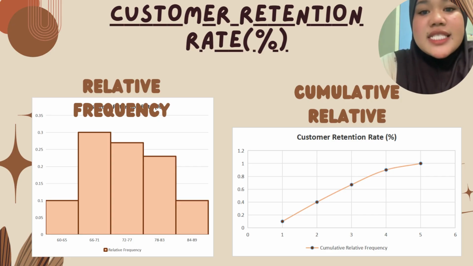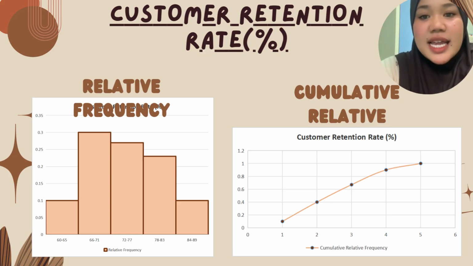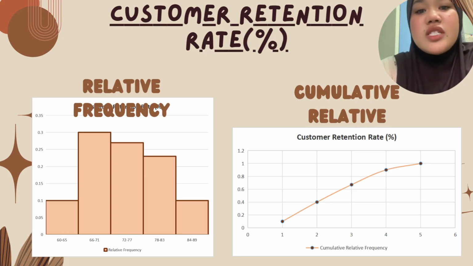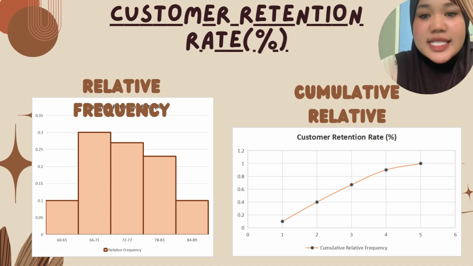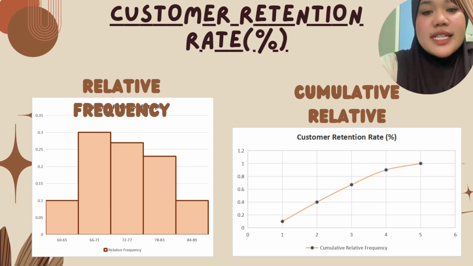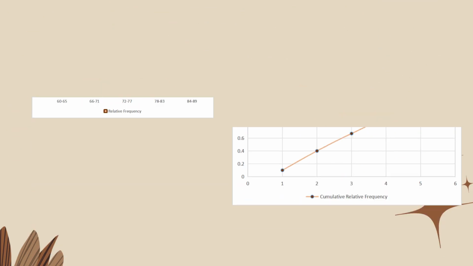This graph makes it easier to understand how customers are retained across different score levels and to identify where improvement in loyalty strategy might be needed. You can see that just like the satisfaction score, most retention scores also fall in the middle range. Both histogram and OGIF graph are powerful tools to visualize and analyze customer data quickly and clearly.